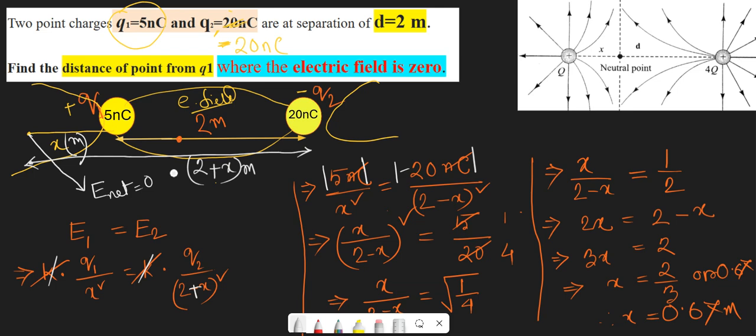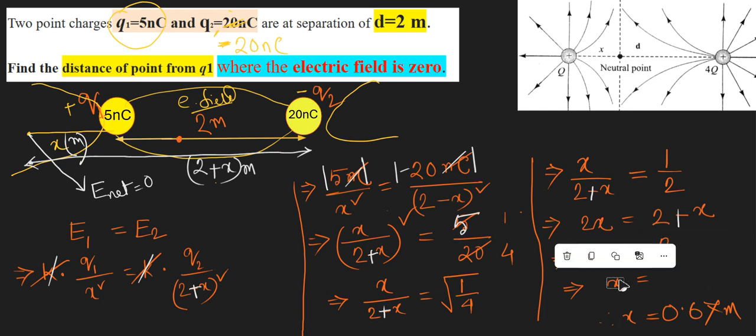It means nanocoulomb cancels out, and this one becomes x over 2 plus x, as this is plus, and same as before, the math we have done. So this is 5 over 20, and here obviously 2 plus x, and the rest of the math will be changed.